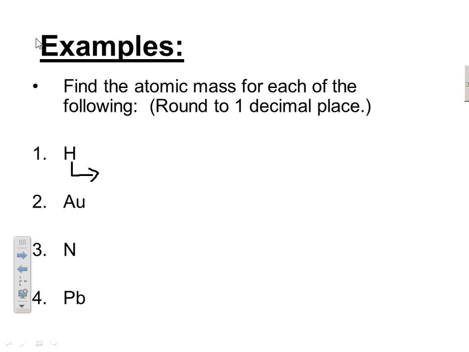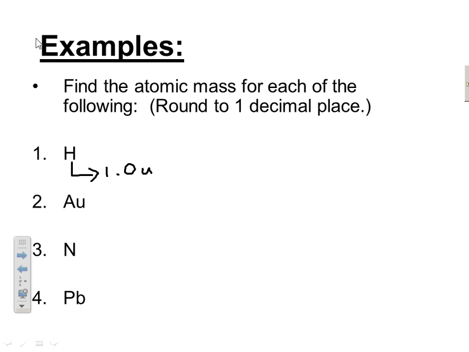Hydrogen to 1 decimal place. What do we have for a number? Again, we're rounding to 1 decimal, so we look at the second decimal to decide how we're rounding. Yep. And let's write that, 1.0. The unit? U. Now, that 0 is important.